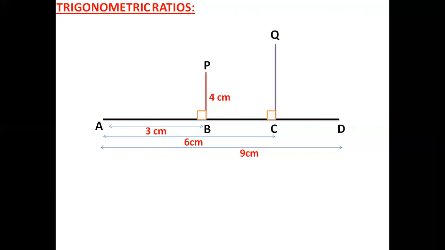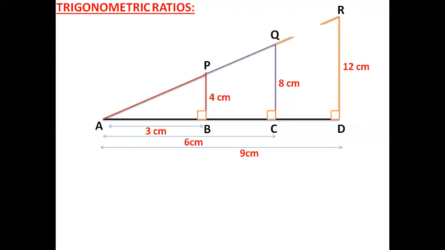Here the length of CQ is 8 centimeters. Again, you draw the perpendicular line at D, which is DR, perpendicular to the horizontal line, and the length of DR, let it be 12 centimeters. Now you join A and P, PQ and QR.